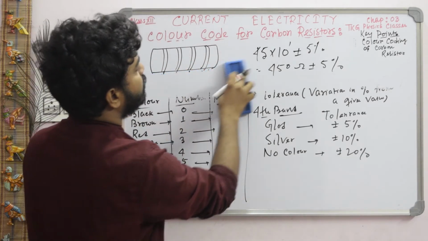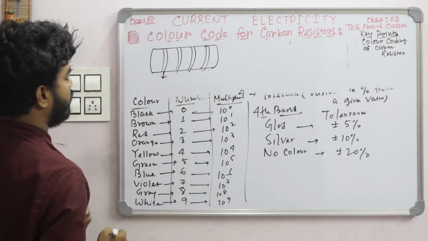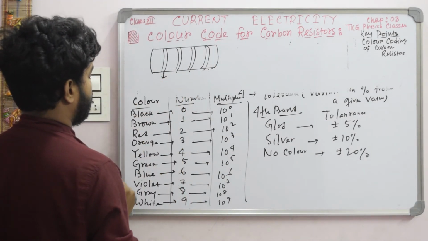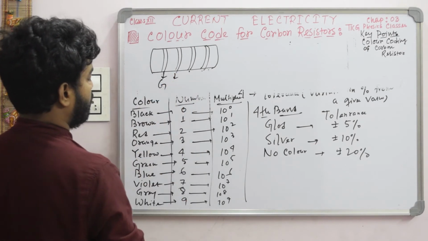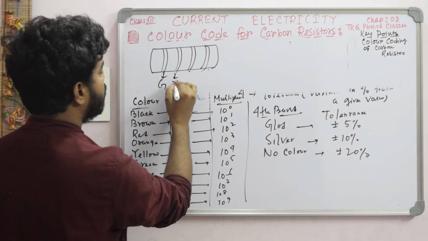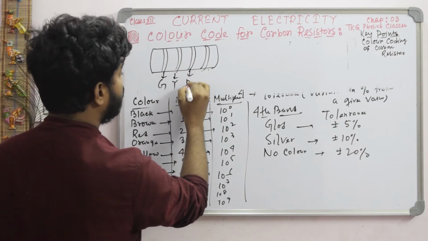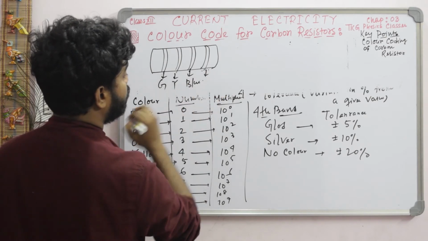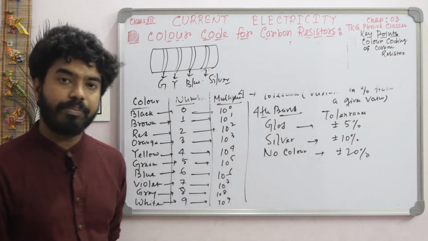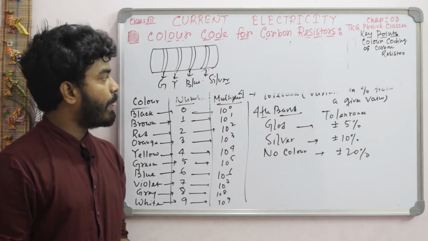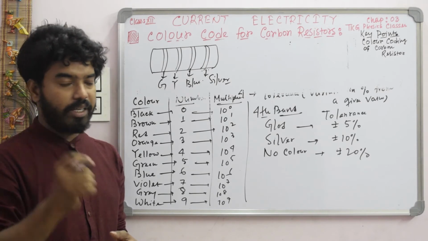Suppose this value is given: for the first, green, for the second suppose yellow, for the third this one is blue, and fourth this one is given silver. Solve it. You know the formula. So solve it. At first try yourself.